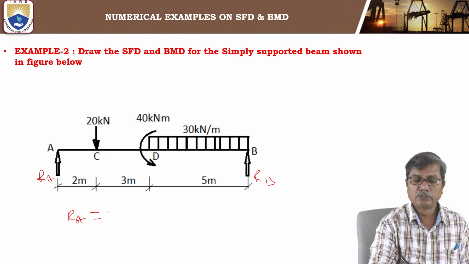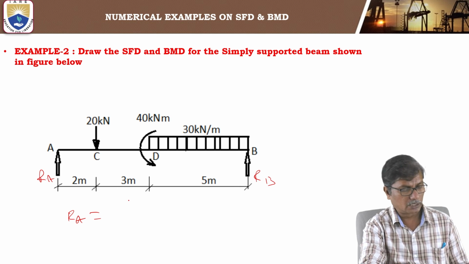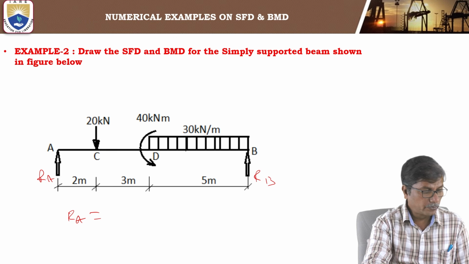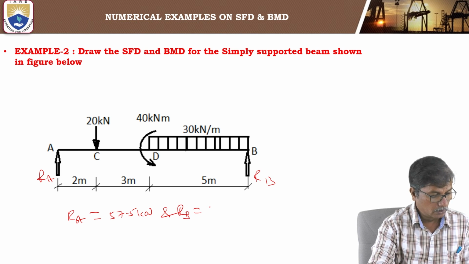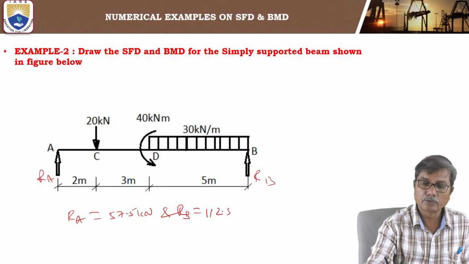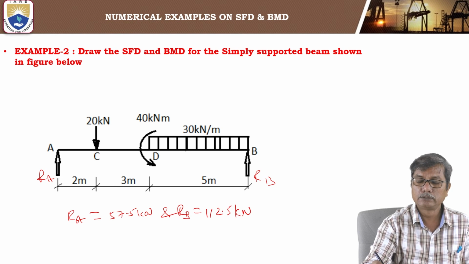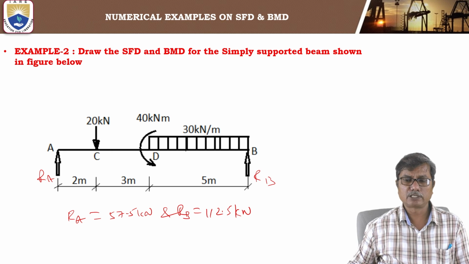In this case, you will get RA equal to 57.5 kilonewtons and RB equal to 112.5 kilonewtons.